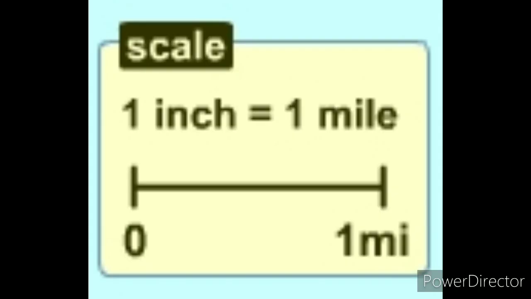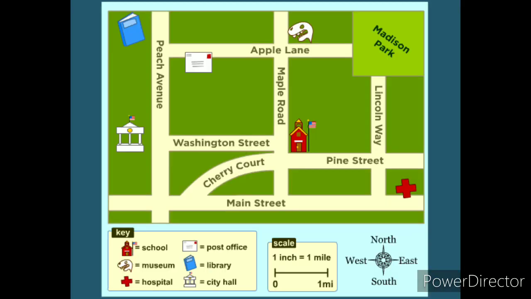And last we have something called as a scale. It shows the distance between the different locations or buildings on the map. Moving objects are never included on a map.